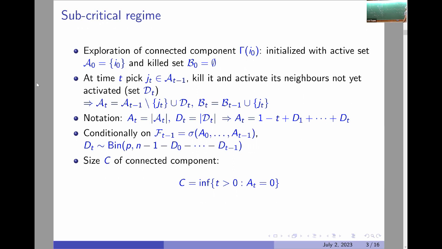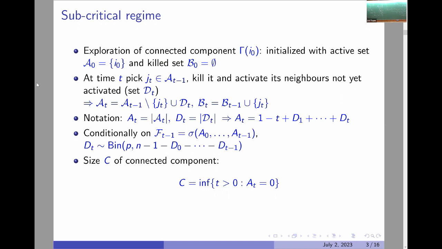So in other words, to characterize the size of this connected component, I have to understand the hitting time to 0 of some process, which is reasonably simple. It's almost a random walk, except that the distribution of the number of new things I'm adding when I move one step forward depends on what I have done before, but it depends only mildly on what I have done before.